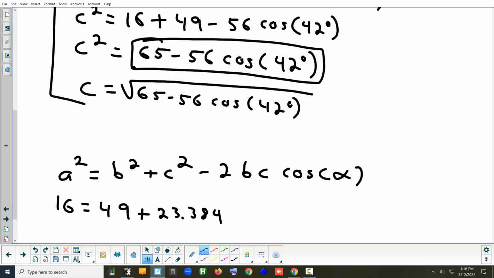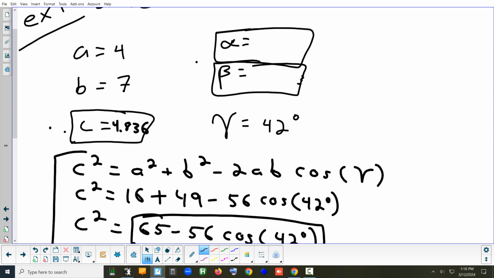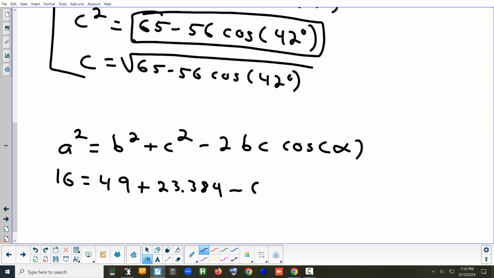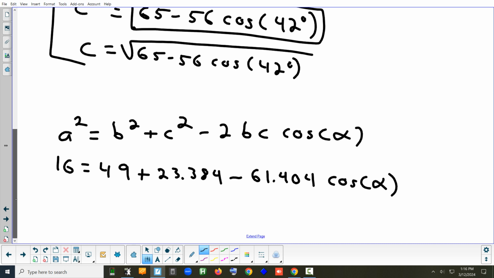Okay, so 23.384. Right now I need a little help on this part. 2 times B times C. Well, 2 times B, that's 2 times 7, that's 14. I need 14 times 4.836. 61.404. Cosine alpha. All right, we can combine like terms.